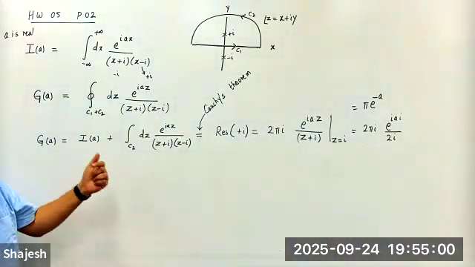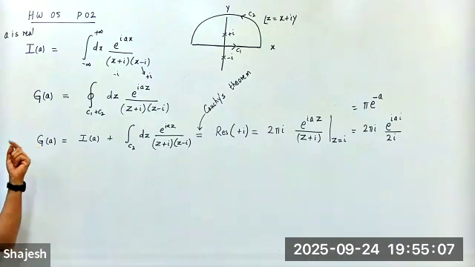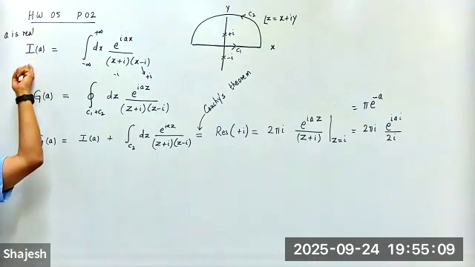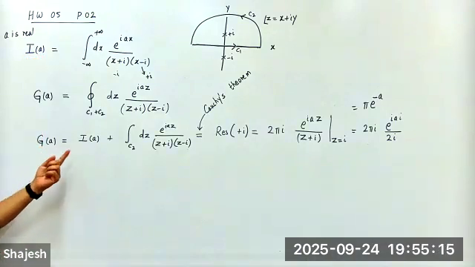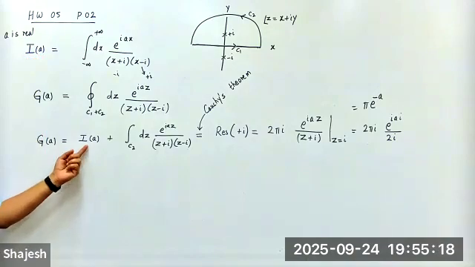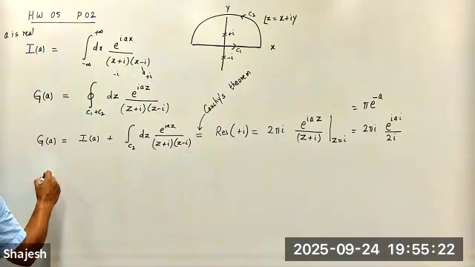But this is equal to G of A. That was not my goal. Our goal is to calculate I of A. The residue only gives G of A, which was my construct. So I still have to evaluate I of A. That requires me to evaluate this. So what is I of A now?